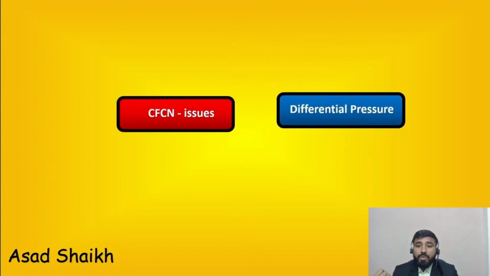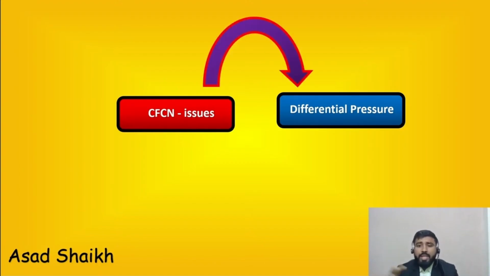In terms of the solutions for such cases, CFCN is also related to differential pressure. If you look into your control valve sizing, or if you have already done it, you would notice that the applications which have higher DP, challenging DP values, would mostly be experiencing these CFCN issues, which is cavitation, flashing, choked flow, noise, etc. So I would say they are interrelated.